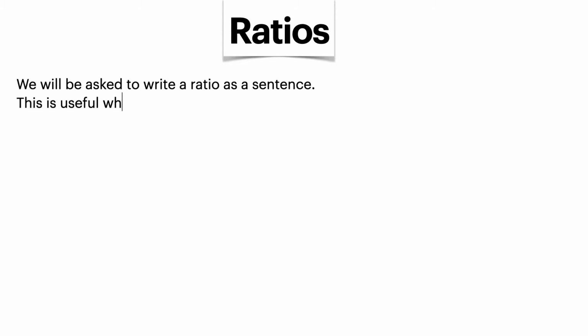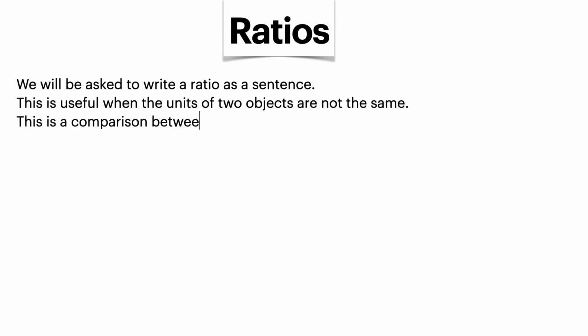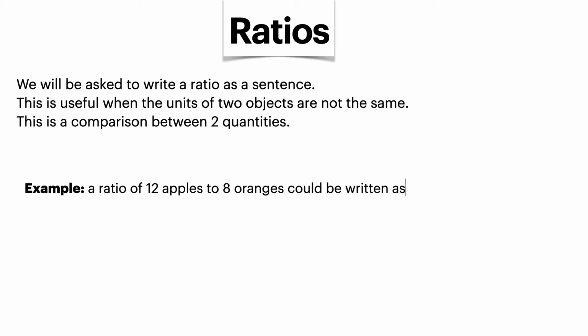We may be asked to write a ratio as a sentence. This is useful when the units of two objects are not the same. This is a comparison between two quantities. So an example of a ratio, 12 apples to 8 oranges, could be written as 12 apples over 8 oranges, or 3 apples over 2 oranges. There I reduced those numbers.